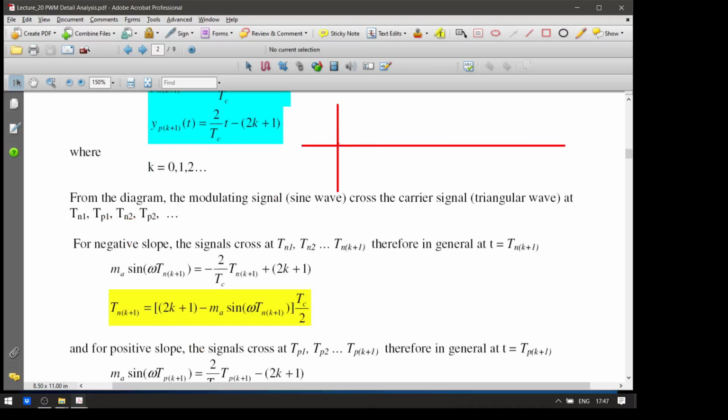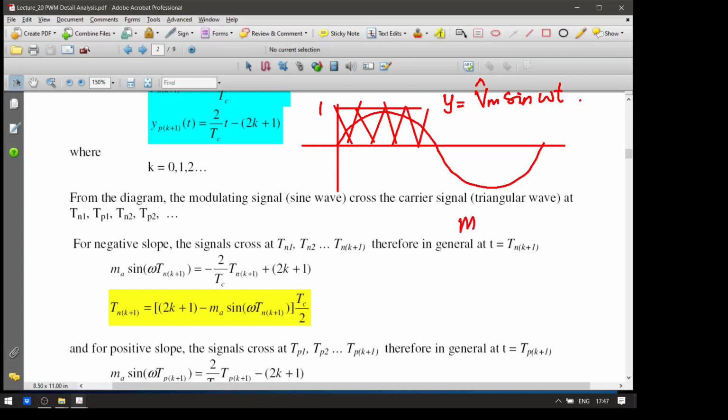The modulating signal is always a sinusoidal waveform, and the equation for that will always be y equals the peak value Vm peak times sine omega t. Because we already said the triangular carrier signal is a W shape, we set the triangular signal peak at 1. We normalize it, so that equals 1.